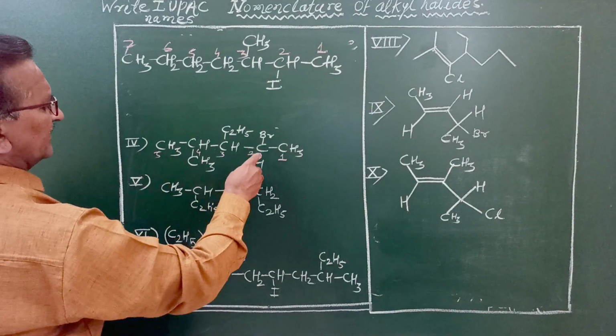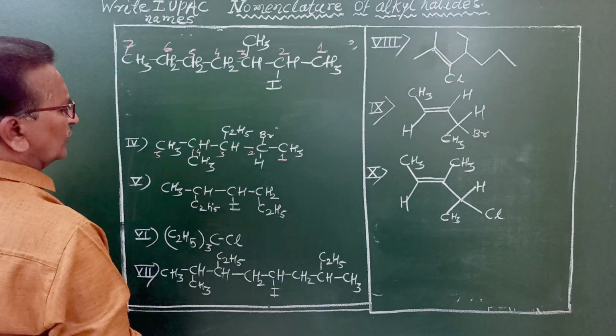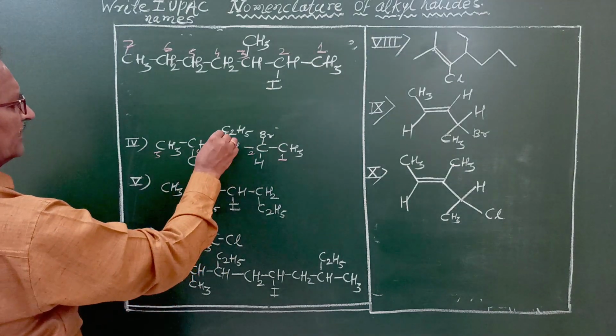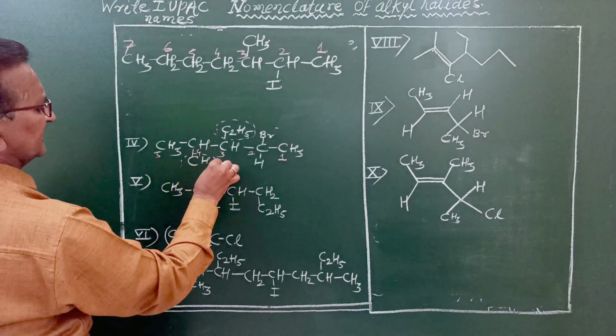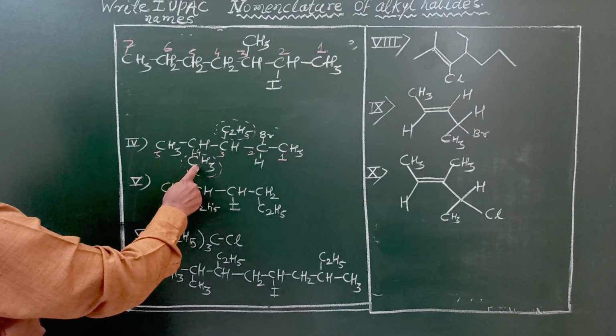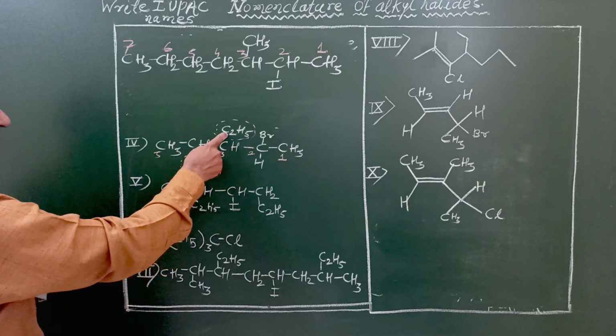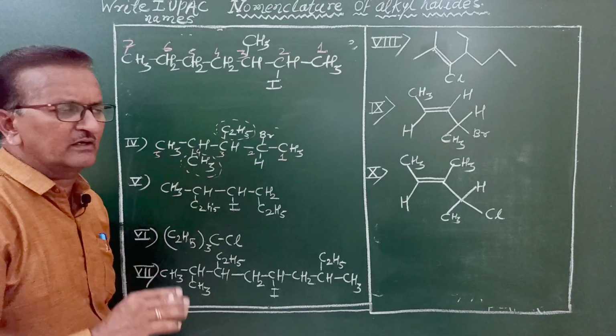What does the name of this compound say? The bromine atom is bonded to carbon number 2, that's why 2-bromo. Here this C2H5 is a branch, as well as this CH3 is also a branch. That means the branches are different. If branches are different, then we have to maintain alphabetical order.